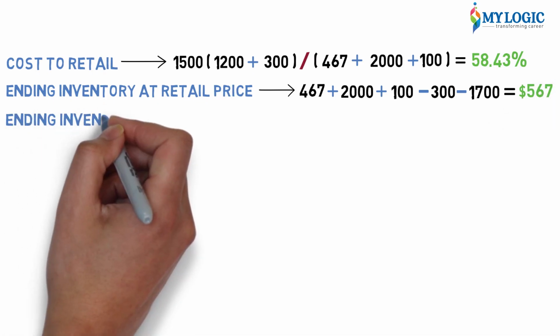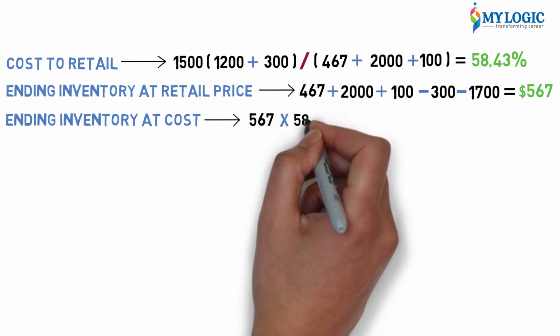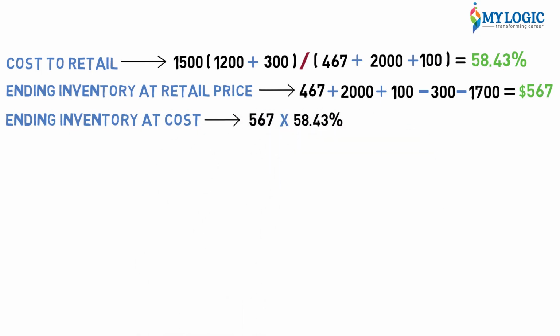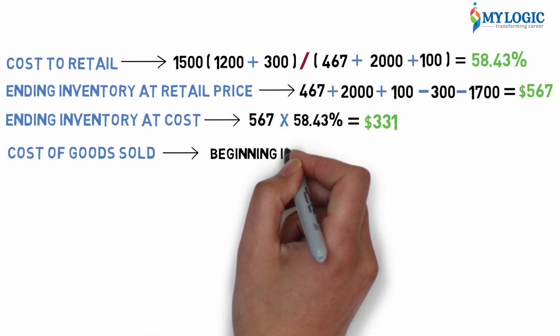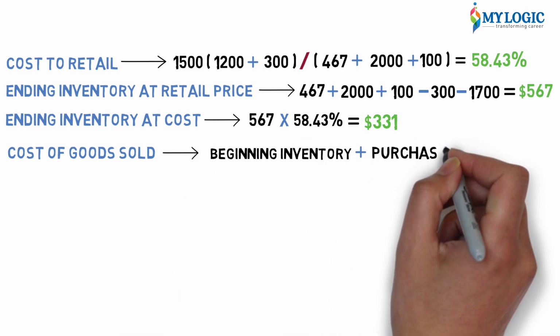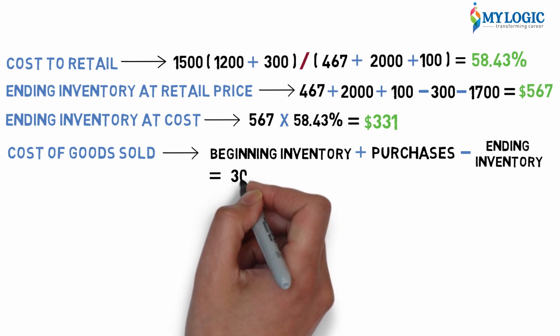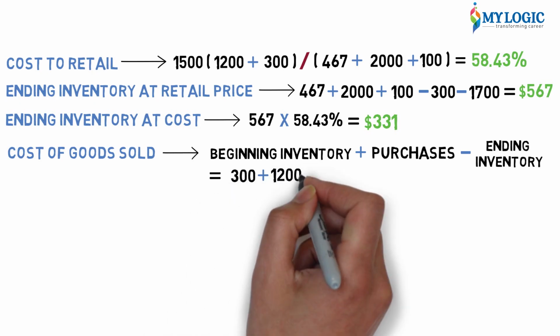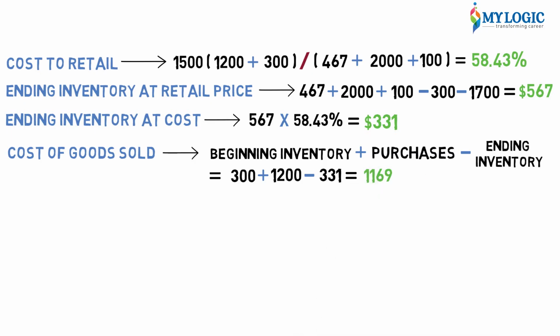Ending inventory at cost: 567 multiplied by 58.43% is equal to $331. Cost of goods sold is equal to beginning inventory plus purchases minus ending inventory, which is 300 plus 1,200 minus 331, which is 1,169.